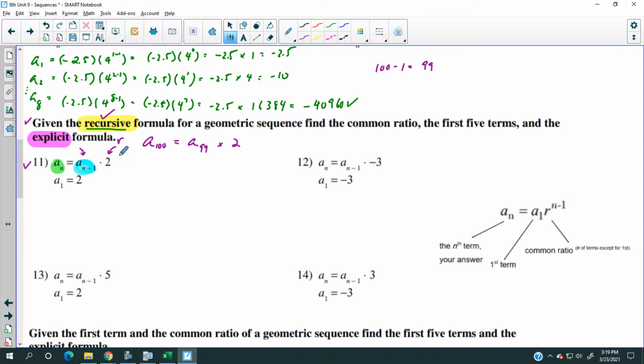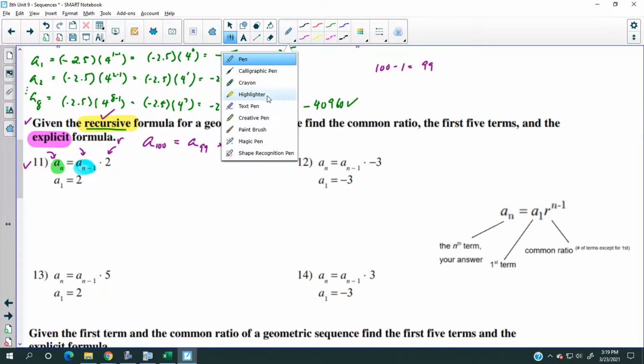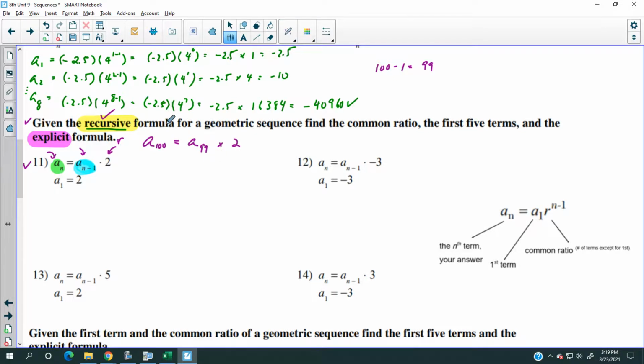Growth factor was the word for exponential functions; different word, same thing. They want to know the common ratio here. Let me repeat, because this is worth repeating. The term you're looking for, in our example the 100th term, this is how you find it: you take the term before that, the 99th term, and multiply it by 2.